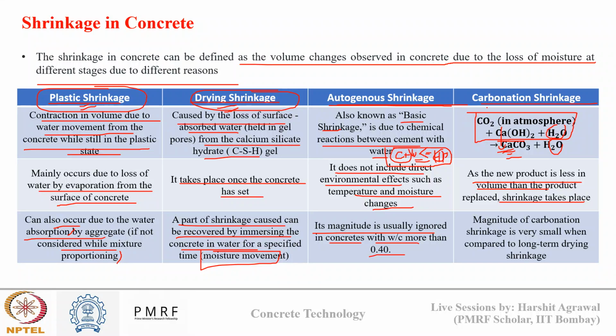That's why it is known as carbonation shrinkage, because due to carbonation there is a change in product which is causing shrinkage. Again, the magnitude of carbonation shrinkage is very small when compared to long-term drying shrinkage. So mainly the drying shrinkage and the plastic shrinkage are the ones which dominate the shrinkage in concrete.